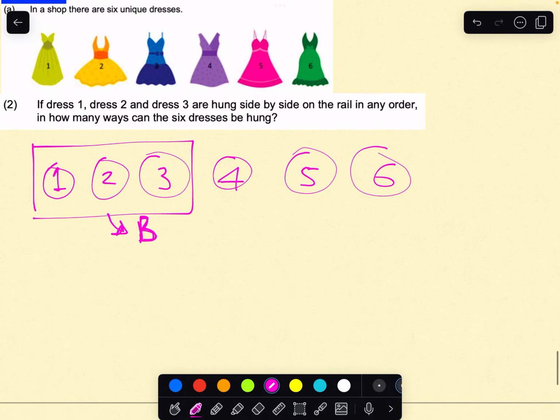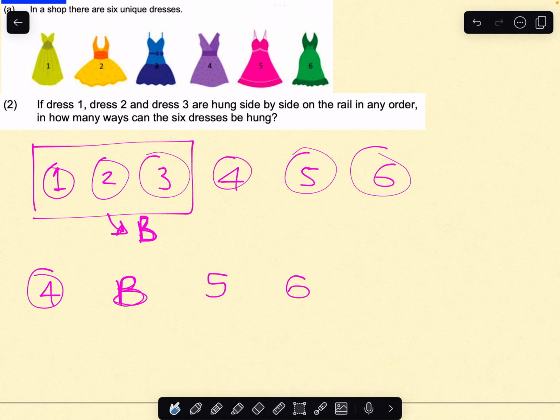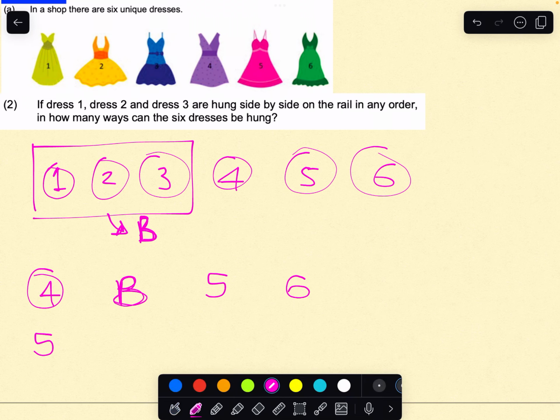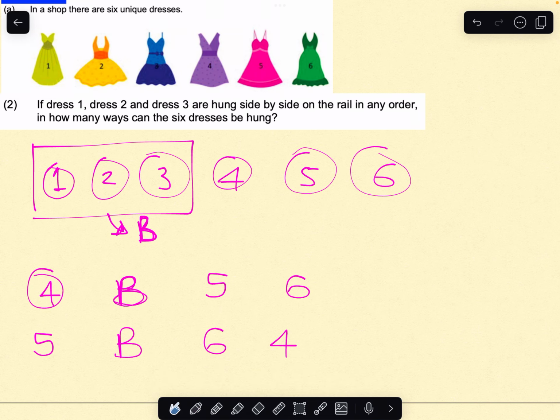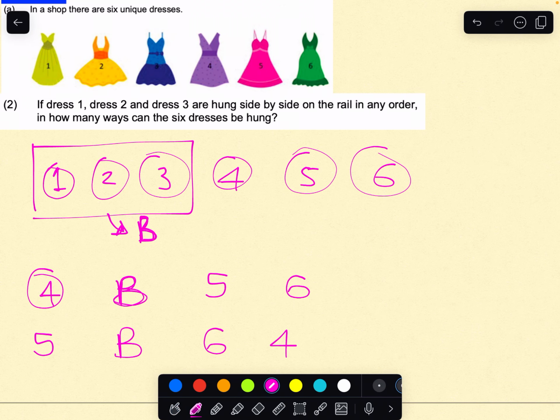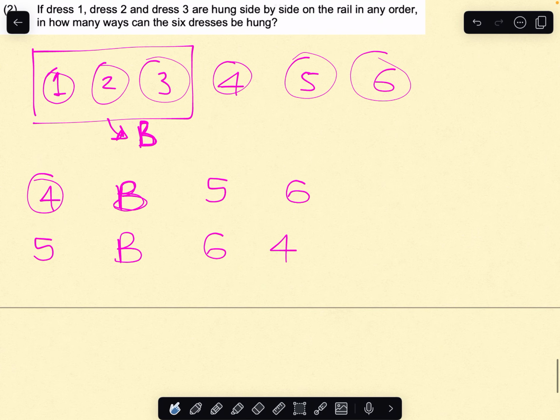So this could literally be one of the arrangements, or we could have 4 and then the big block, and then 5 and then 6, or we could have 5 over here, big block, 6 and then 4. These are some of the different ways that we can arrange these dresses and honor the constraint.